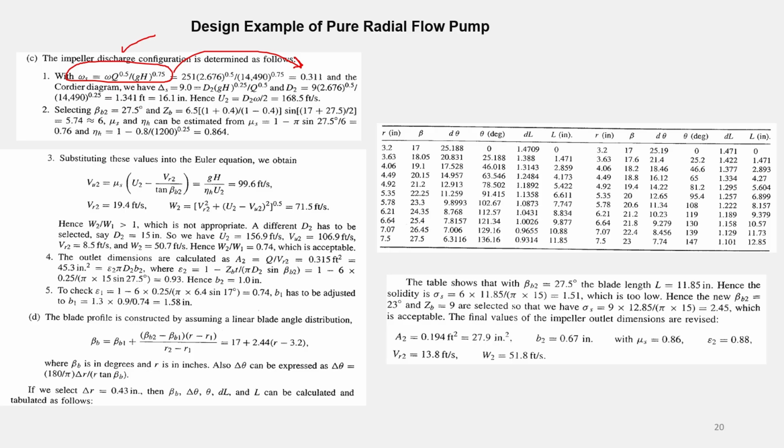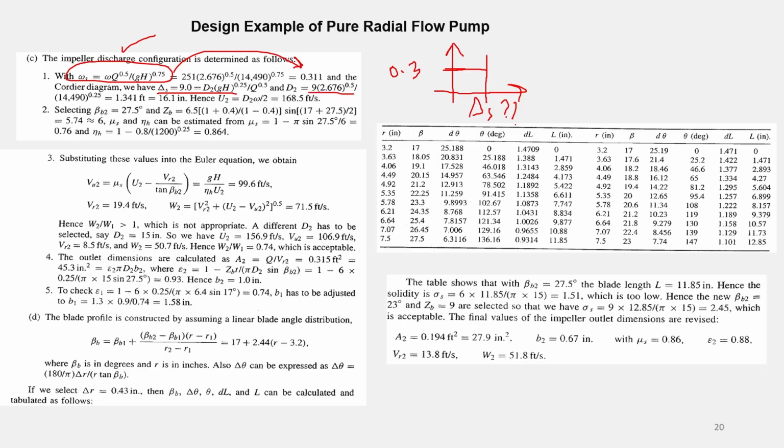And from the Cordier diagram, which is the figure there, you go to point 3, for example, in the Cordier diagram, and you read how much will be the non-dimensional specific diameter, delta sub s. Okay, so you go there and find how much delta s is there. Once you find it, you can of course determine D2.